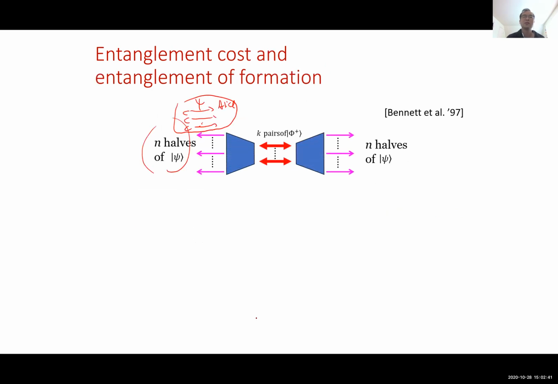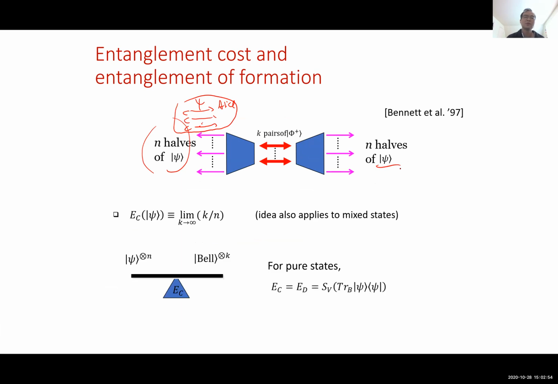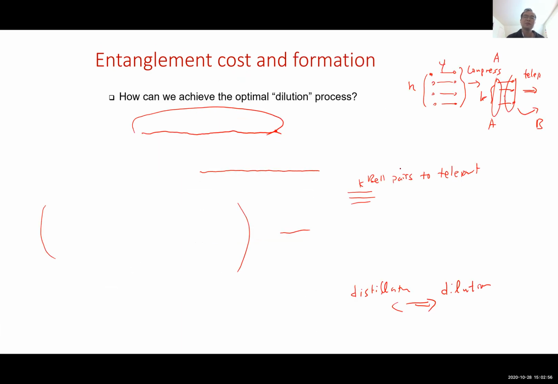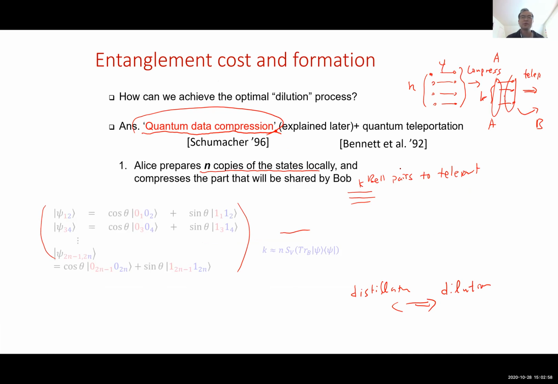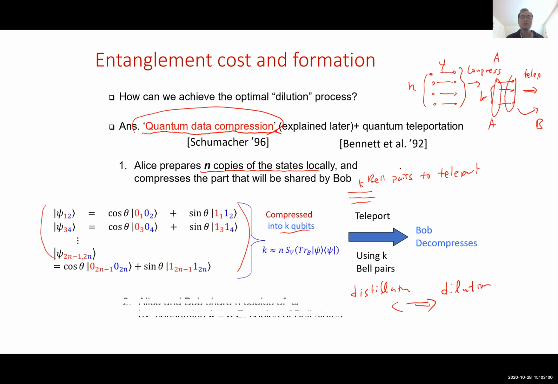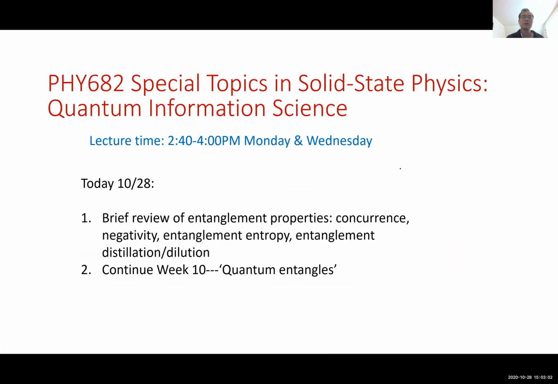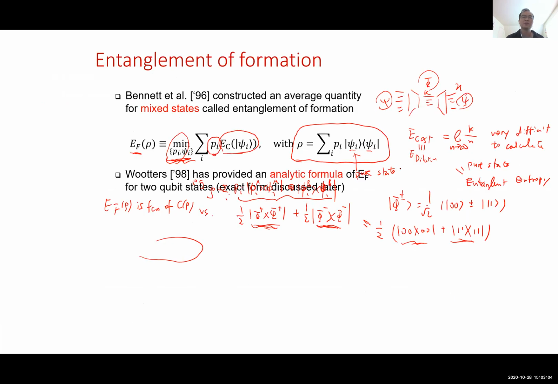Entanglement cost is the reverse. It's how much entanglement you need to use to create a state psi with many copies. Okay, so this EC. There are many names, but they're mostly for pure state. They're the same, but for mixed state, it's very difficult to calculate.